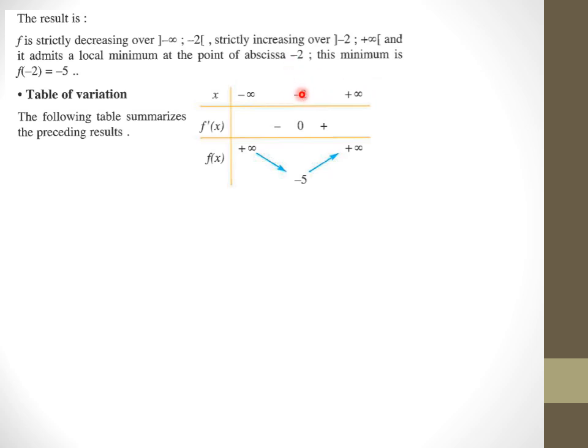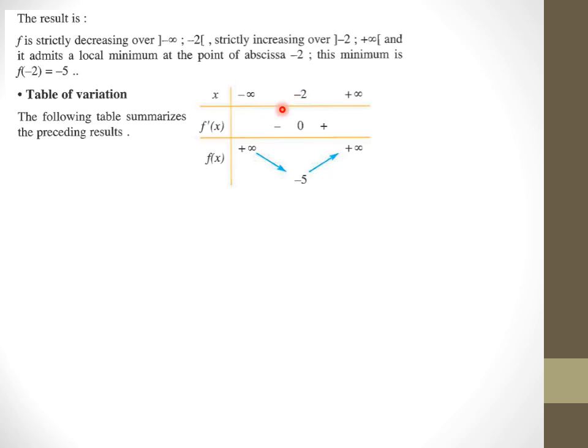As I told you, if the derivative is negative, then the function is decreasing, and if the derivative is positive, then the function is increasing. And how do we find this value? We replace x by minus 2 in the function itself, not the derivative, because if you replace minus 2 in f prime, it's 0, it's a root. So we replace it in f of x, it's minus 5.